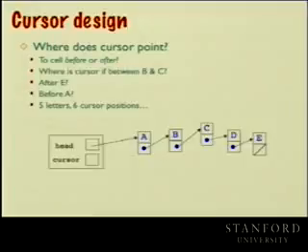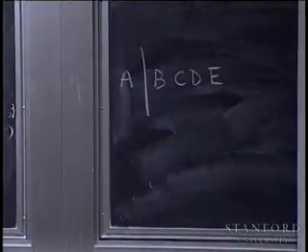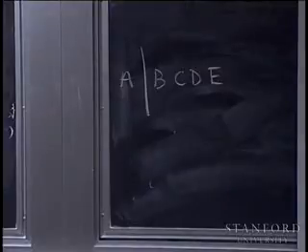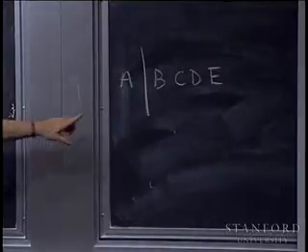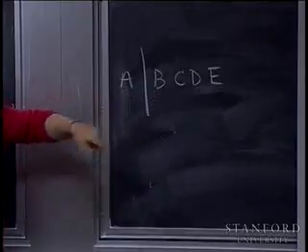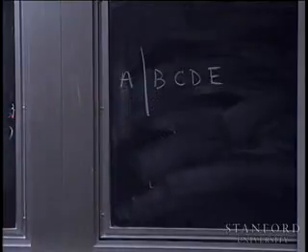If the cursor right now is situated after the A and before the B, so what I'm modeling is A cursor B, C, D, then it seems like the obvious 2 choices for where the cursor might point are A or B. I had said in the case of the vector, if it were index 0 or index 1, there wasn't a really strong preference for one over the other. There is going to be a really good reason to pick one for the linked list over the other. Would you rather point to the A for where the cursor is, or would you rather point to the B? A.